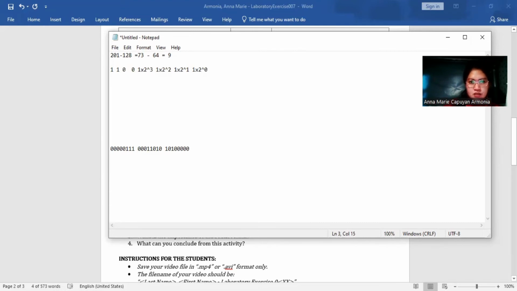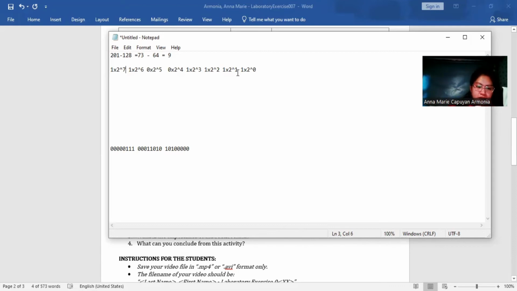This should be 3. This should be 4. This should be 2 raised to the power 5. Then 2 to the 6, and 7. So we have already here.